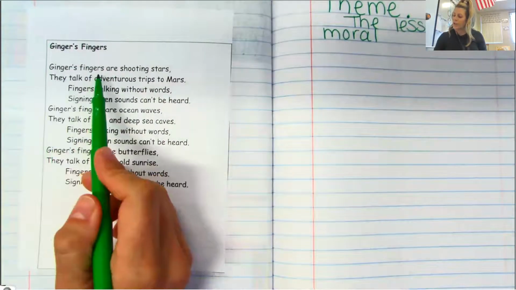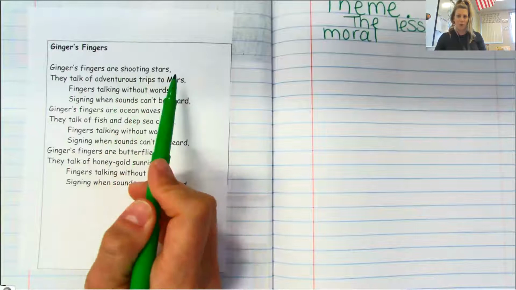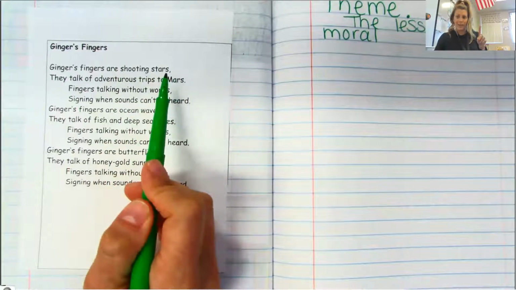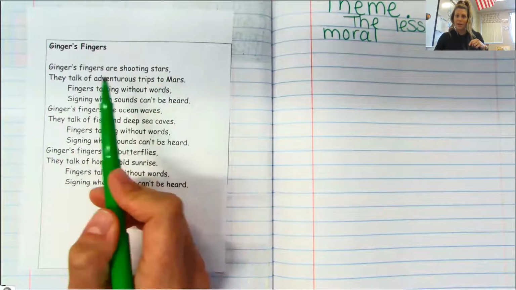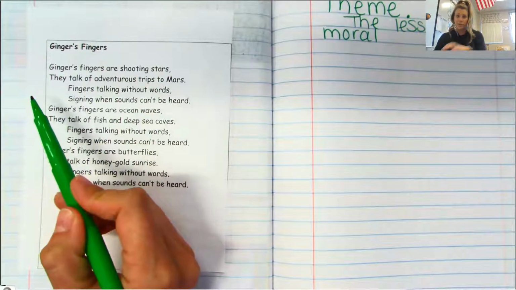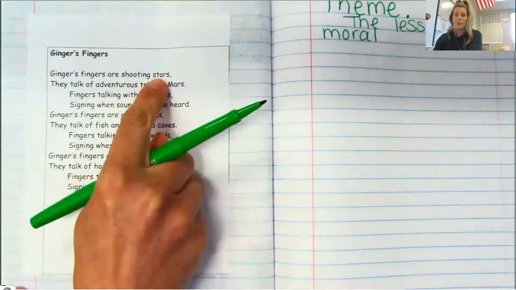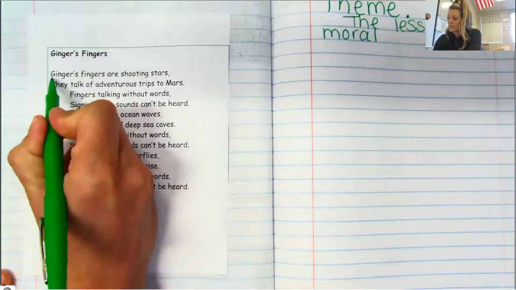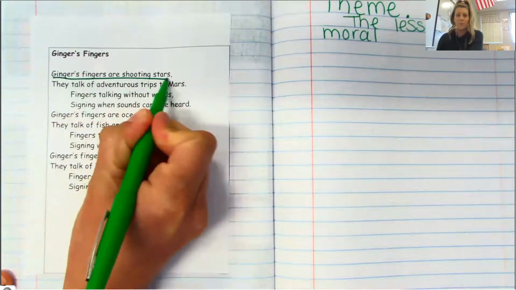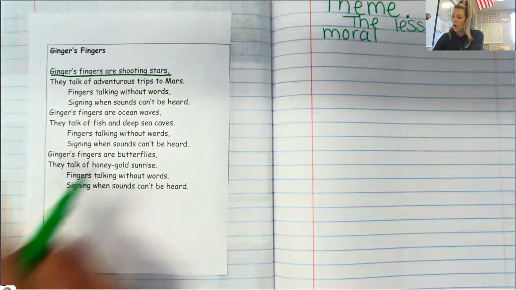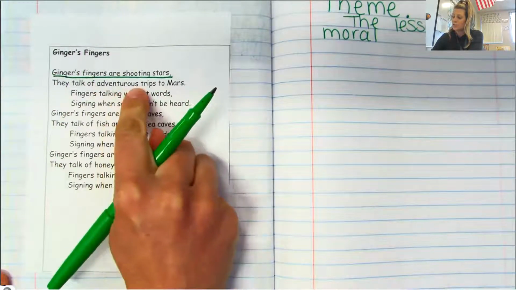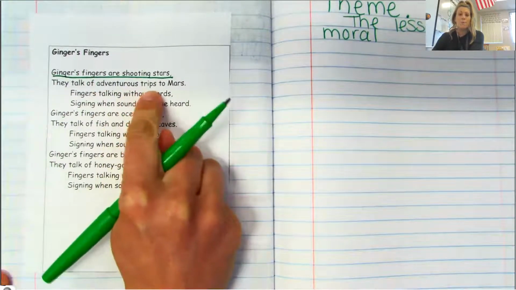Ginger's fingers are shooting stars. Right there. They are comparing Ginger's fingers to what? To shooting stars. Okay, so that's an example. They talk of adventurous trips to Mars.